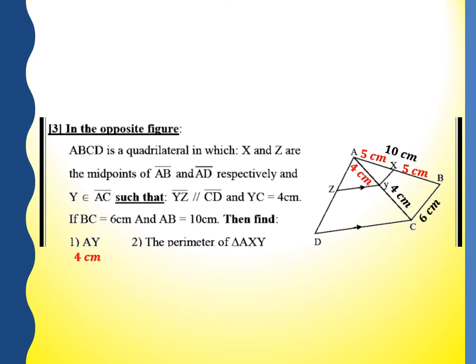In the triangle ABC, Y is the midpoint of AC, X is the midpoint of AB, then YX is parallel to CB and its length is half of it, then XY is 3 cm. Then we can easily find the perimeter of the triangle AXY. 4 plus 3 plus 5 equals 12 cm.